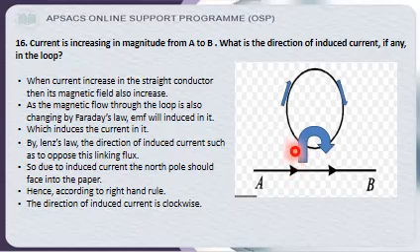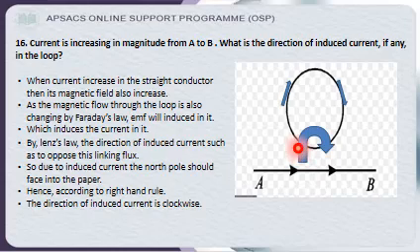We know that the induced current always opposes the cause that produces it, meaning it always has the opposite direction to the applied current. So if the applied current is from left to right, the induced current is from right to left.